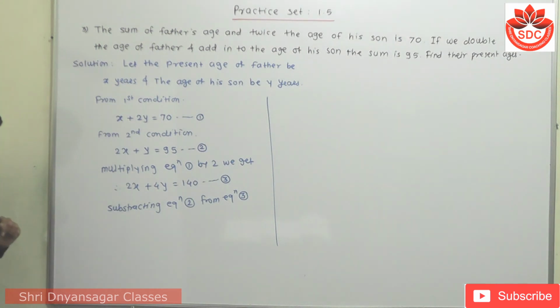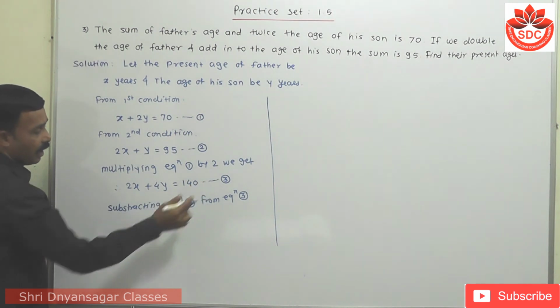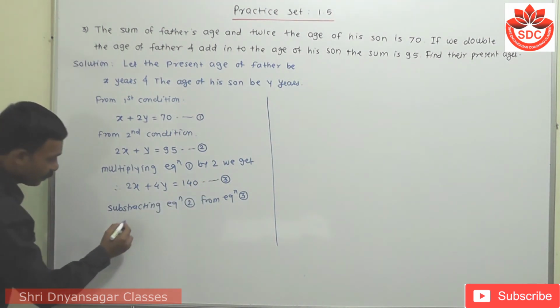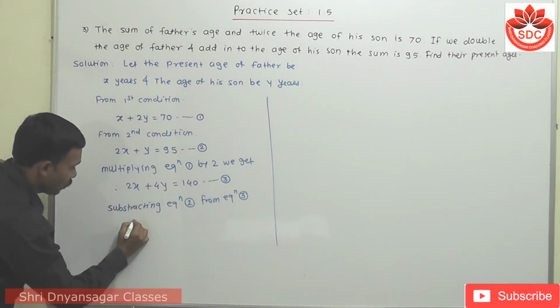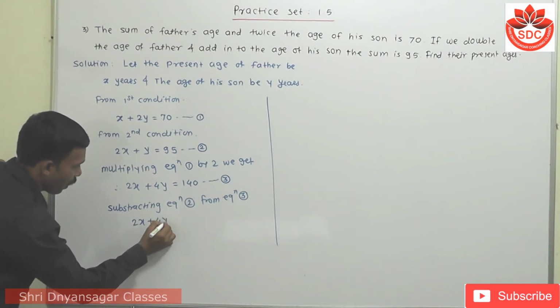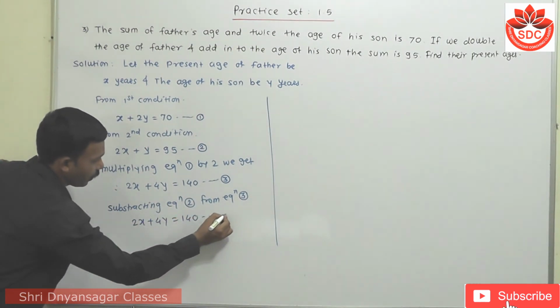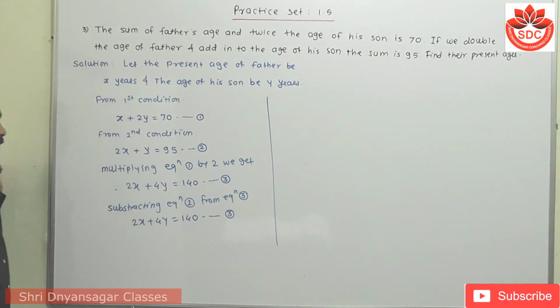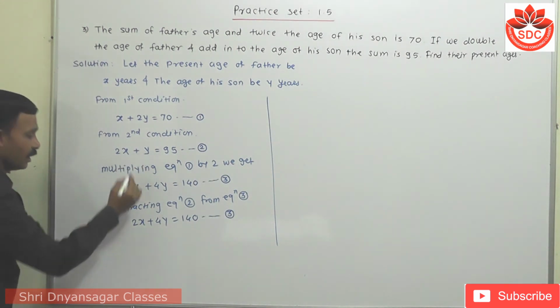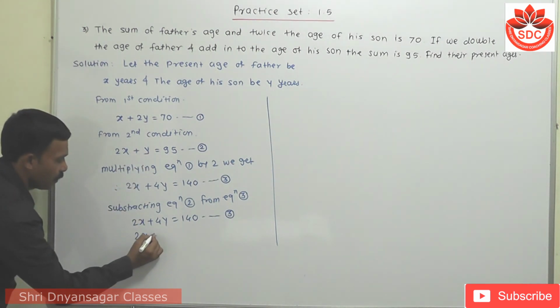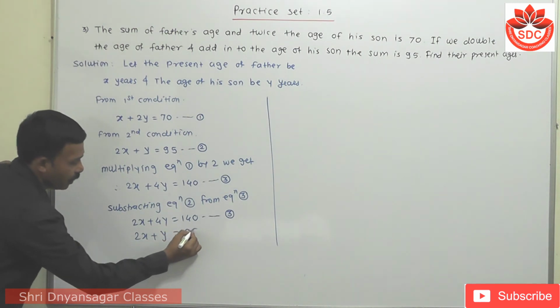Now the equation second and third: first I have to write the equation number third, 2x plus 4y is equal to 140. This is equation number third. Here the equation second is 2x plus y is equal to how much? 95.